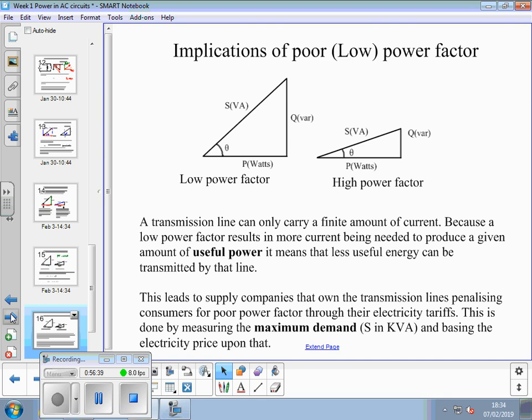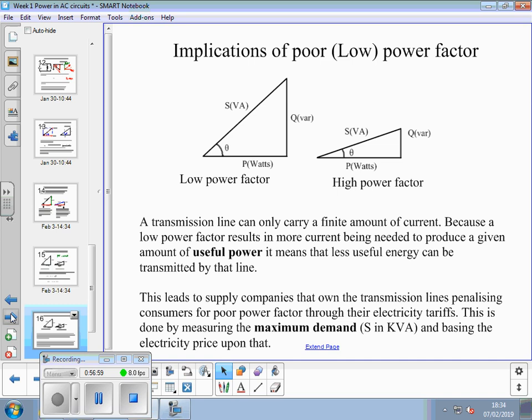So if you've got poor power factor, you can only draw 100 amps, that's the maximum for the current. You're going to transmit less useful power if the power factor is poor than you would if the power factor was good. You all get that?